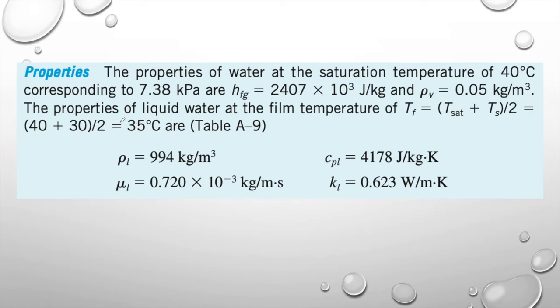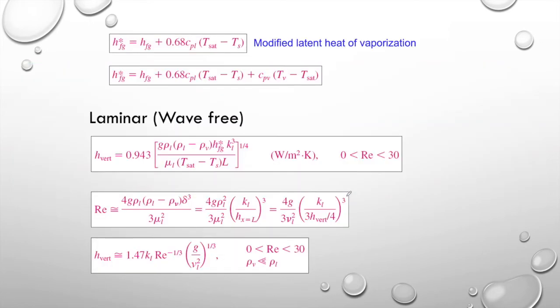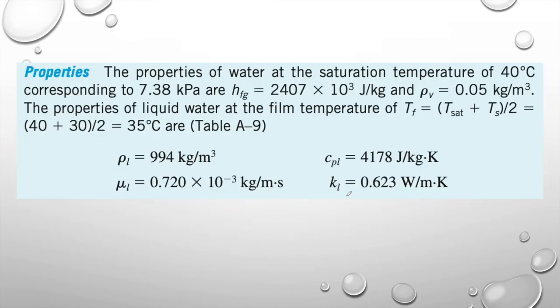After that, the properties of liquid will be evaluated at the film temperature: 40, which is T saturation, plus 30, which is the T surface, divided by 2 gives 35 degrees Celsius, and refer to 35 degrees Celsius in table A9 to get all this information. Since these are horizontal tubes, we will directly use the equation for horizontal tubes.